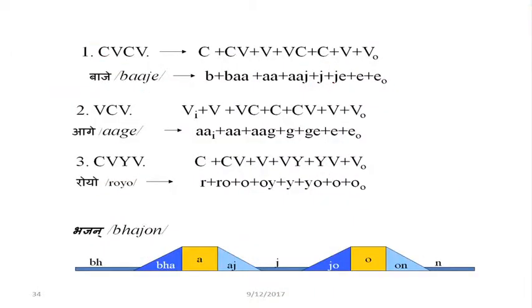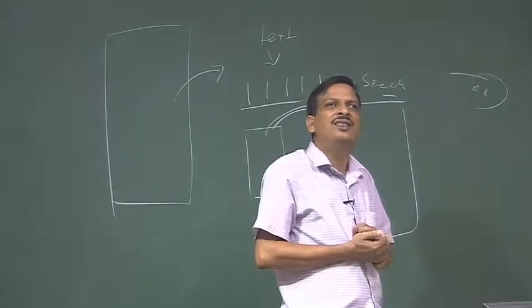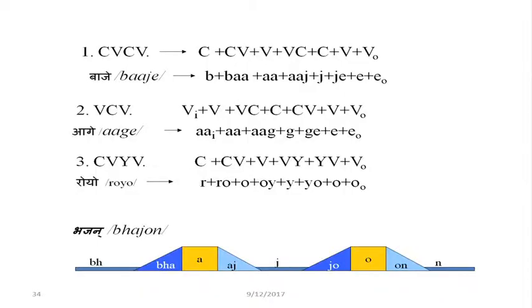So, here is a Hindi example. Bhajan: bha, bha to A transitory part, A to ja, then ja consonant, then A, then na, bhajan will be pronounced. So, the synthesis rule is simple: C, V, C, and I can generate with fade out of the vowel.